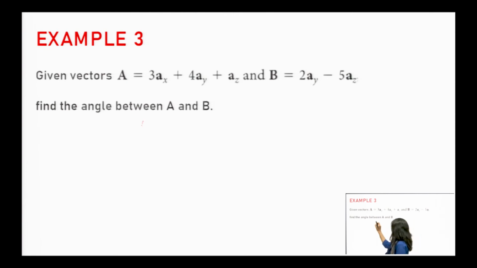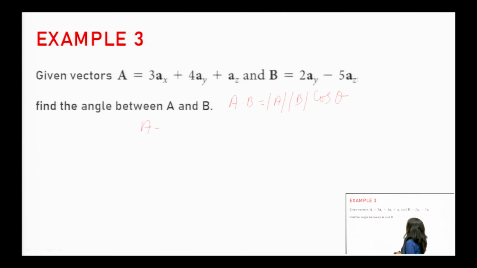The dot product of any two vectors can be defined as a dot b. A dot b will be equal to the magnitude of a, magnitude of b, and cosine of the angle between a and b, that is cos theta, where theta is nothing but the angle between the two vectors, that is a and b.